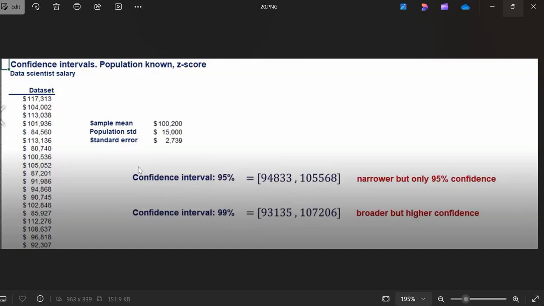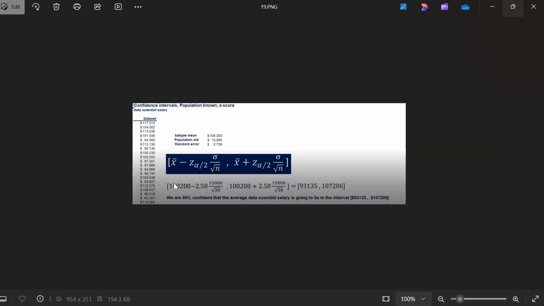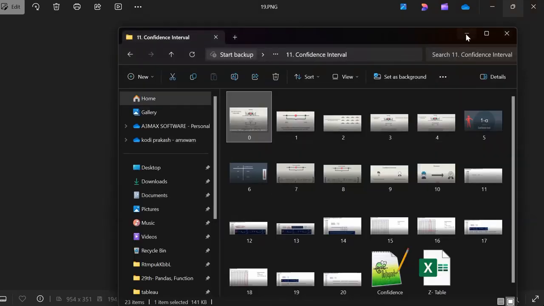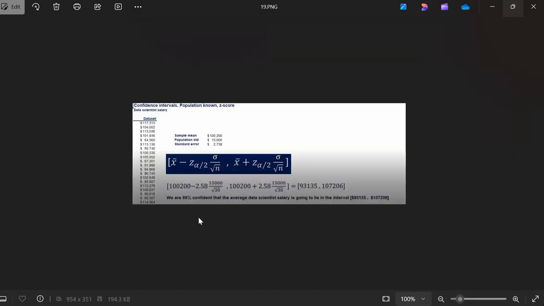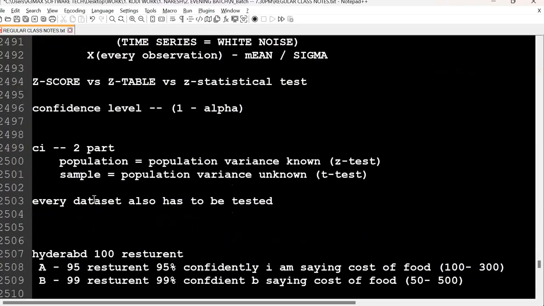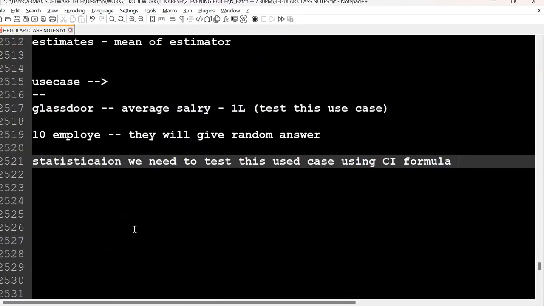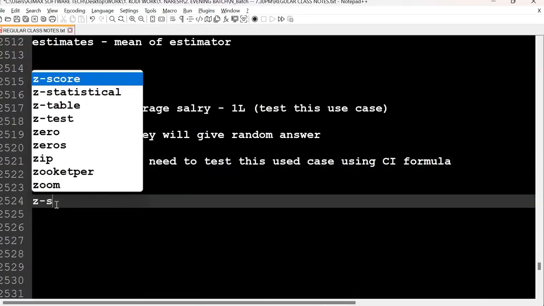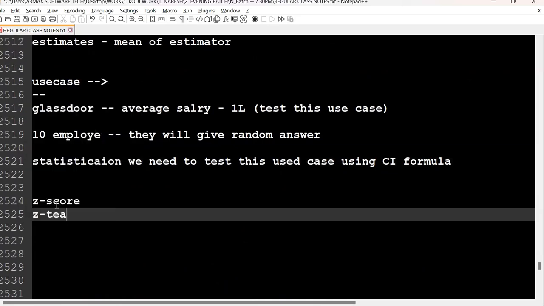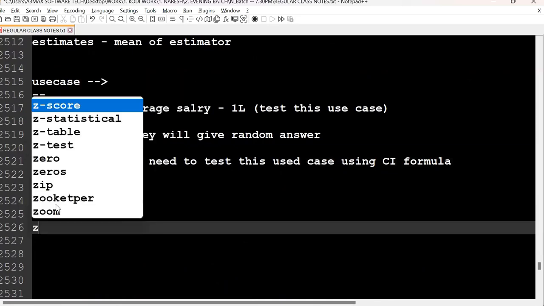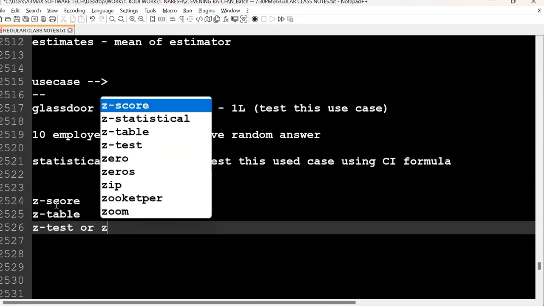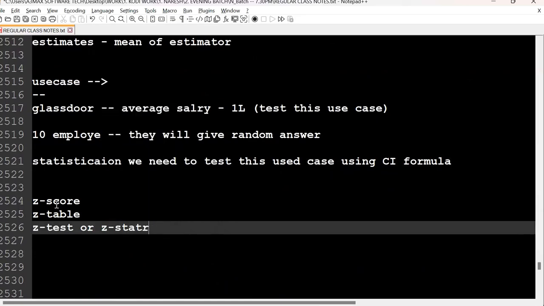So this concept is very important, and I don't know how many of you are clear. Let me repeat the same concepts again so that all my students are clear on this part. First one. I'll write down: what is Z score, Z table, Z test, or Z statistical test.